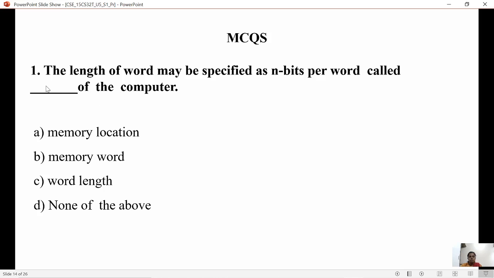The first question: the length of a word may be specified as n bits per word, called dash of the computer. The options: memory location, memory word, word length, and none of the above. The solution is memory word.